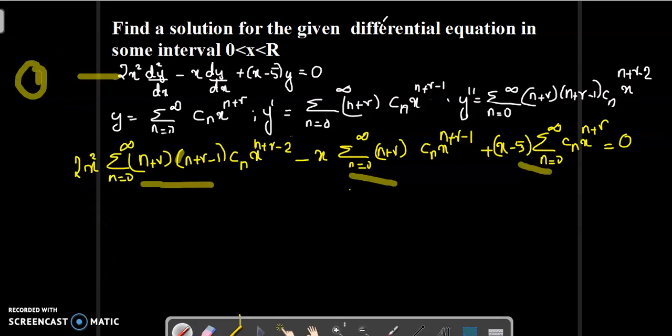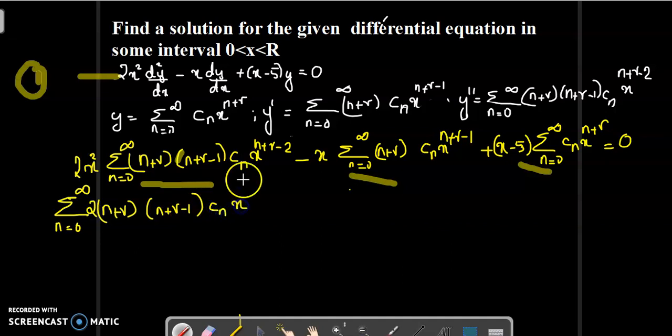Let me write this as sigma n equal to 0 to infinity (n plus r)(n plus r minus 1) cn x raised to n plus r minus 2 into 2x squared, which gives x raised to n plus r, minus sigma n equal to 0 to infinity (n plus r) cn x raised to n plus r.